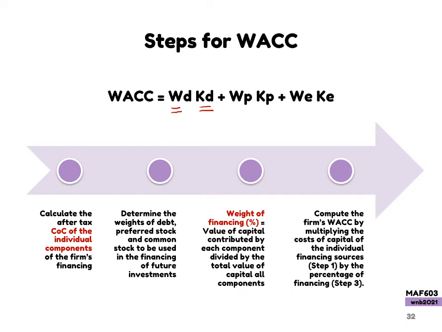How many percent the firm decides to finance their project using that particular individual financing type. So how many percent they want to finance using debt, and how many percent to invest in the project using preference shares, as well as how many percent of the capital structure comprises common equity.